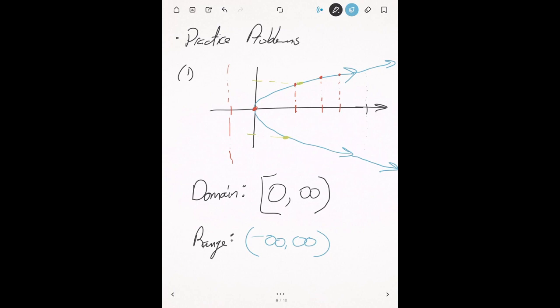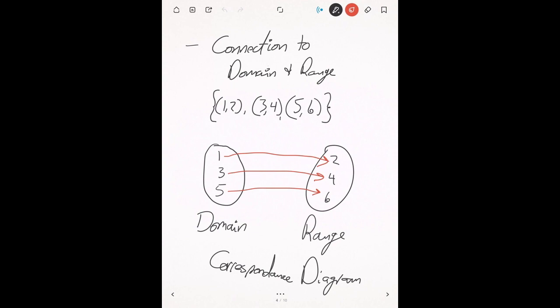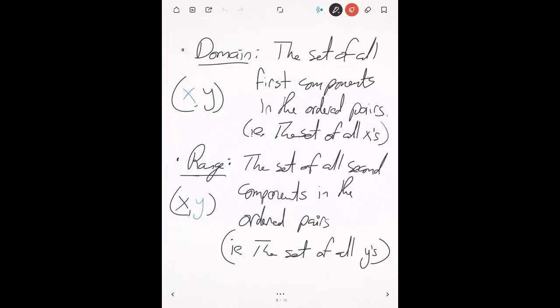So a big idea that we're seeing here that we might want to note to ourselves is the domain, and I might go back a couple here. The domain is how far left and right the graph goes.